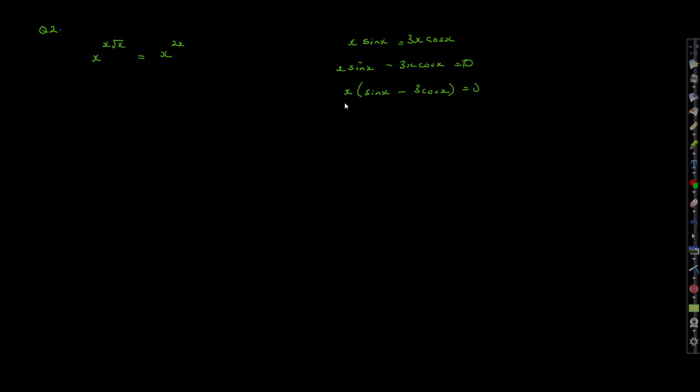But coming back to this, what you should do is factorize: bring both sides to one side, make it equal to 0, factorize out x. That would mean x equals 0 is a solution, and the other solutions would be given by this, whatever that works out to be, which I'm not going to do at the moment. So that's another clue to be aware of in this question.